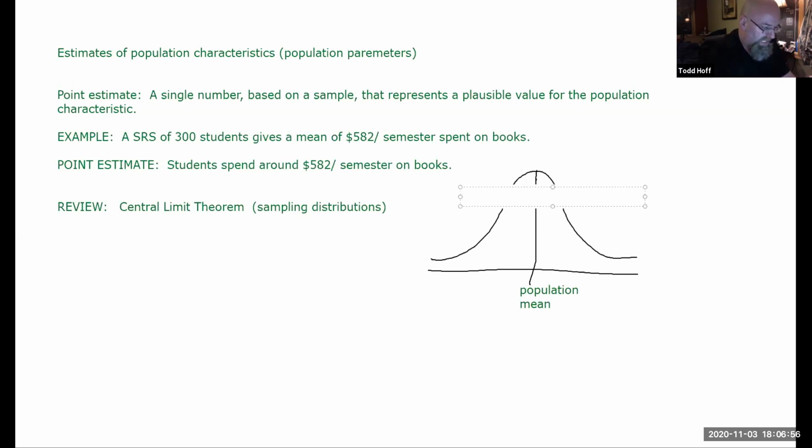The standard deviation becomes a standard error, which is equal to that standard deviation divided by the square root of that sample size n. So you can see that the spread is reduced. It's a much narrower curve than just the distribution of the individual values in the population.